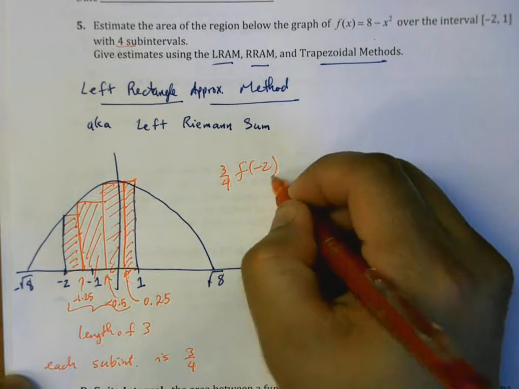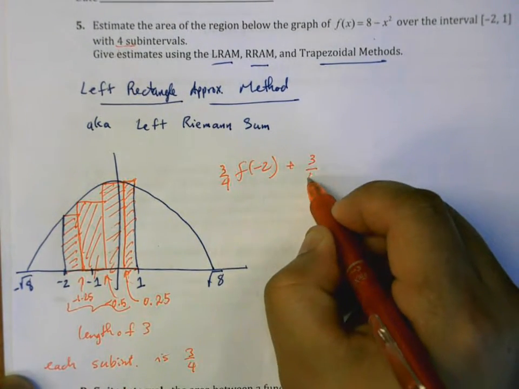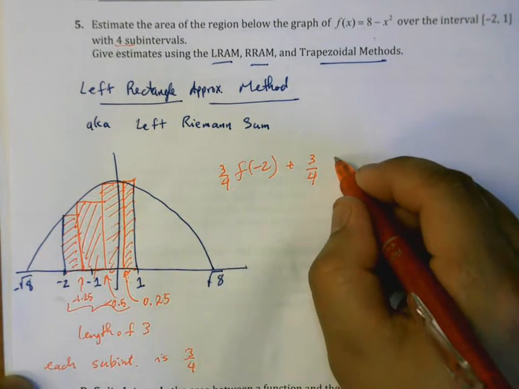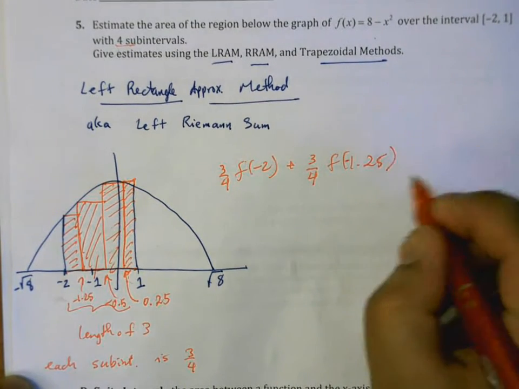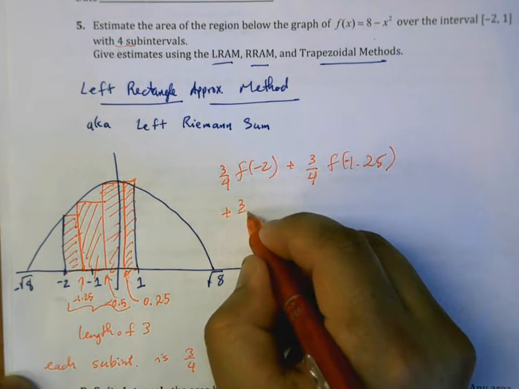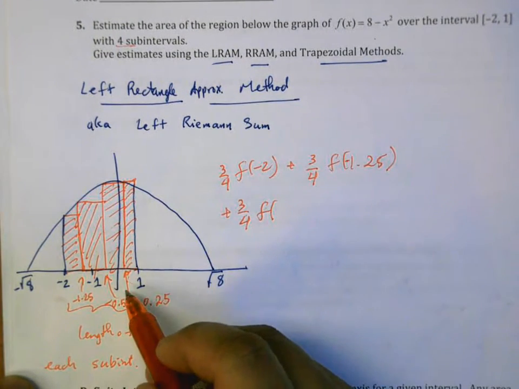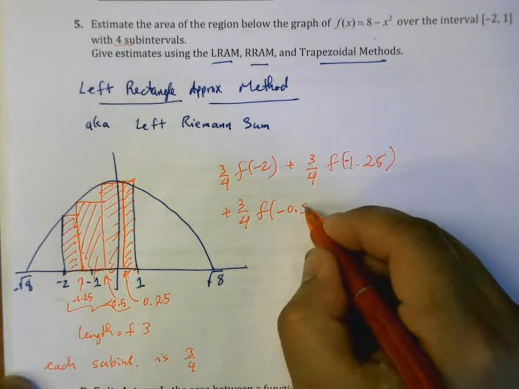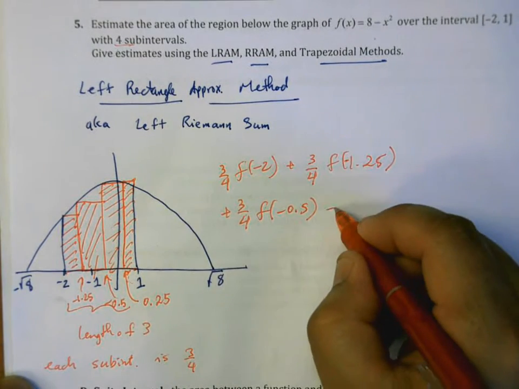This next one is going to have a base of 3/4 and a height of f of negative 1.25. One after that is also 3/4, and that's going to have a height of f of negative half. And then the last one is going to have a height of f of 0.25.